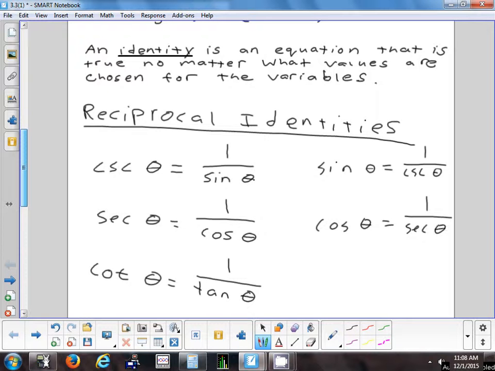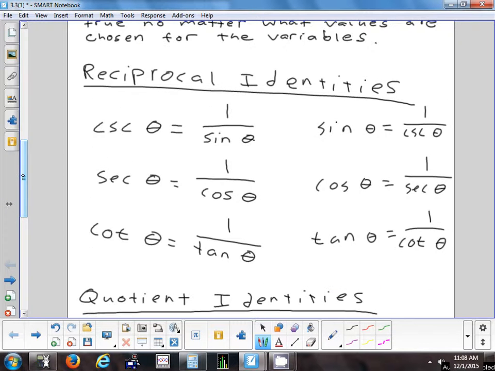If you flip the cosine, you get secant, and if you flip the secant, you get cosine. You change it back. And lastly, what about tangent? 1 over cotangent. If you flip the tangent, you get cotangent, and if you then flip the cotangent, you get tangent back. So these 6 are your reciprocal identities. Really, the second 3 are repeats of the first 3. Any questions on those identities?